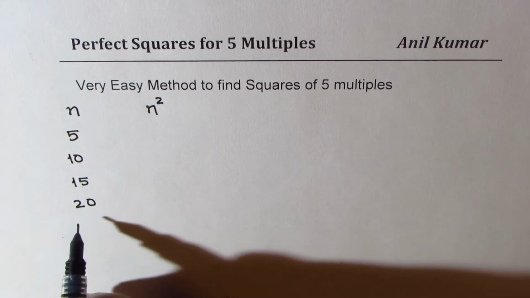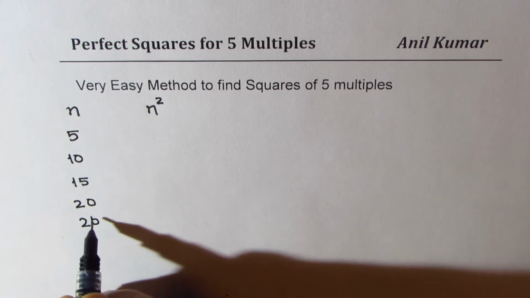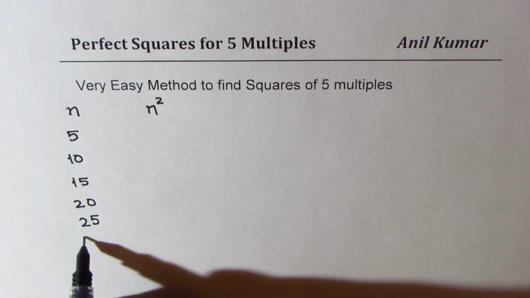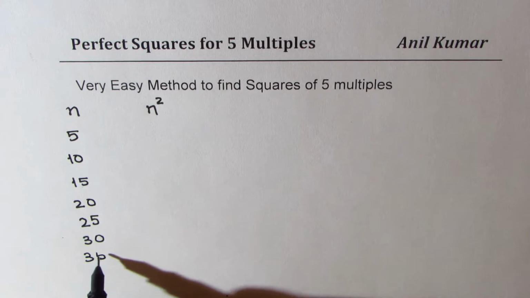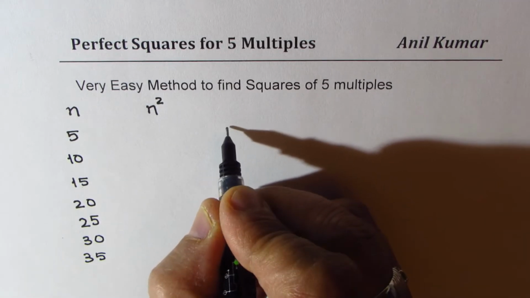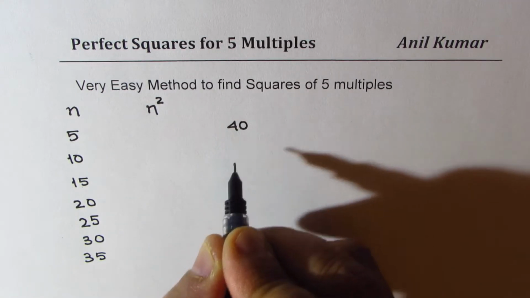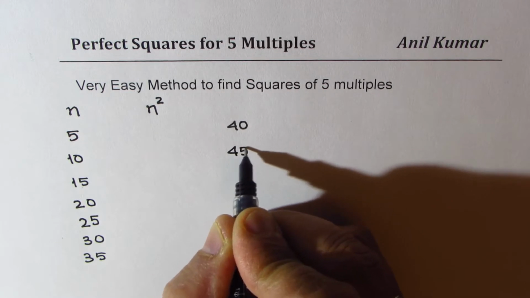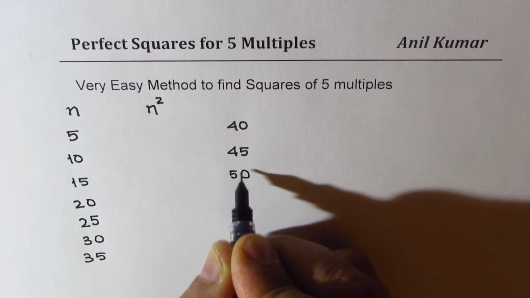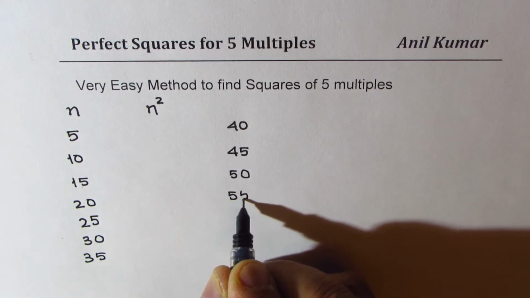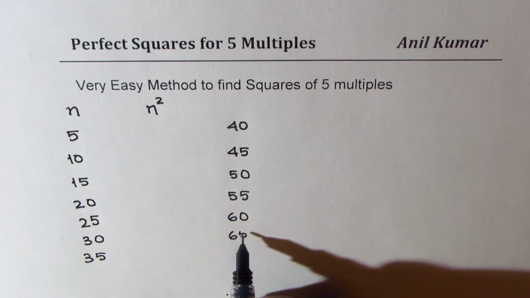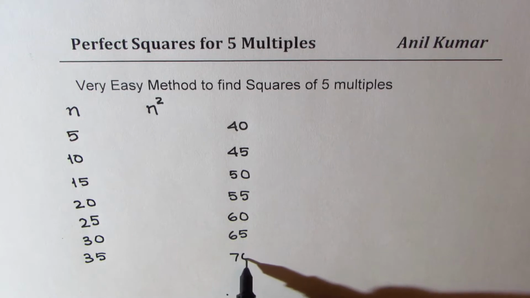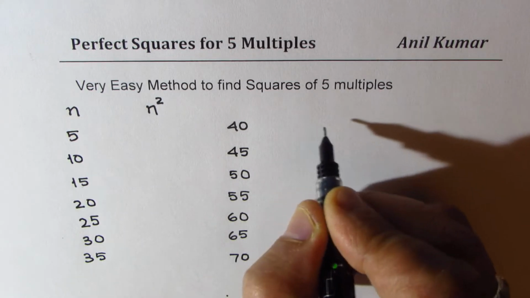20, 25, 30, right? 35, well, let's write more here, 40, 45, 50, 55, 60, 65, 70.